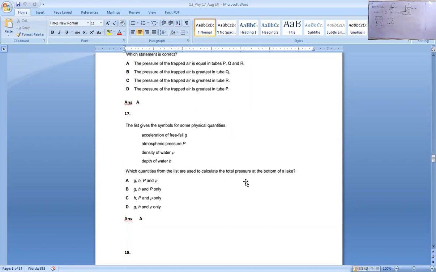We know the pressure due to water is rho g h. For the term total pressure, we have to add atmospheric pressure as well. So rho g h for the pressure caused by the water and P for atmospheric pressure as well. So my option is A.